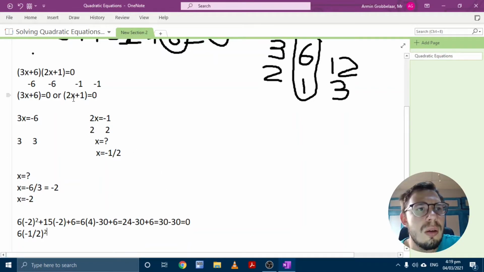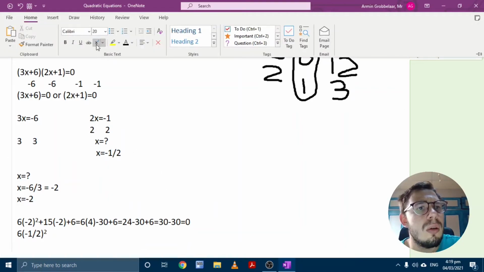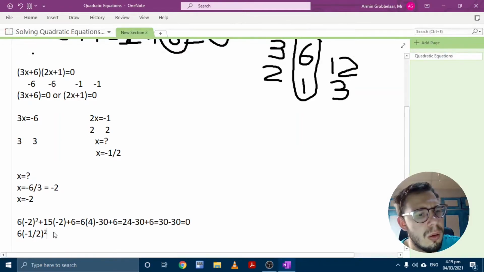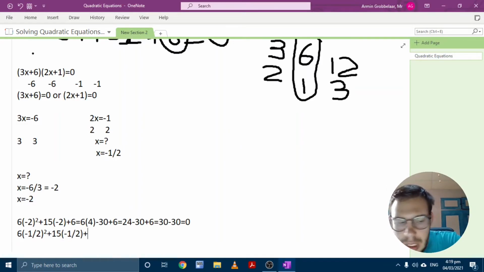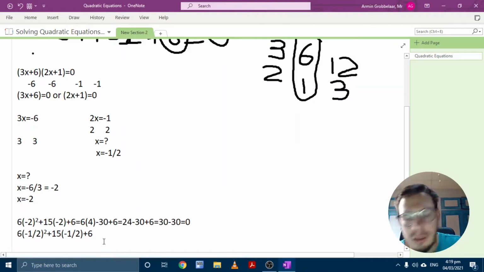squared plus 15 times minus 1 divided by 2 plus 6. So that is equal to 6 times minus a half squared, and minus a half squared is just 1 divided by 4.